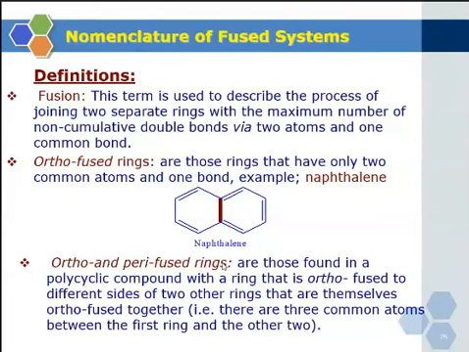Or else we can say it includes a polycyclic compound with a ring that is ortho-fused to different sides of 2 other rings, which are themselves ortho-fused.